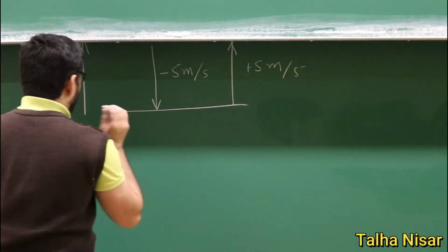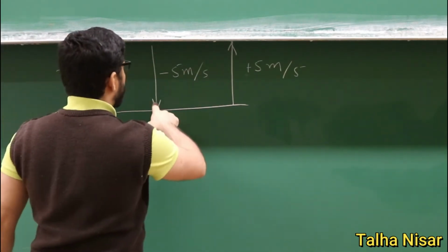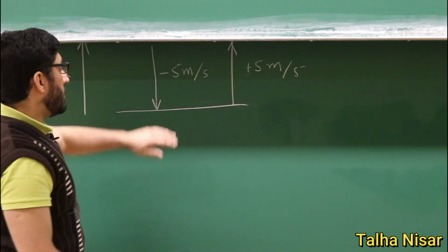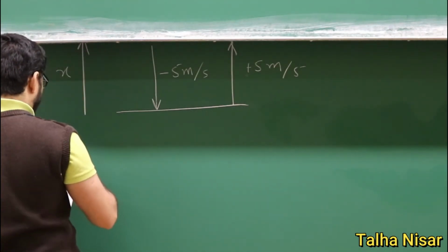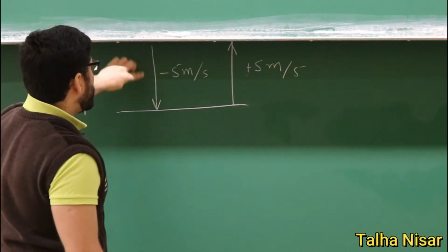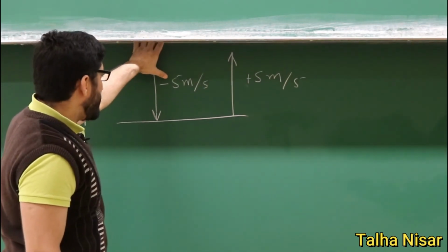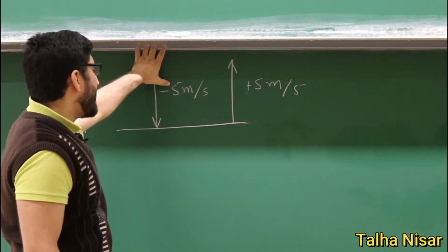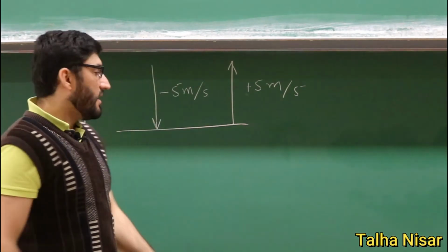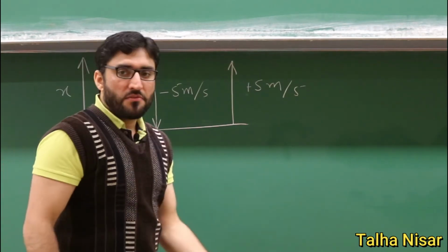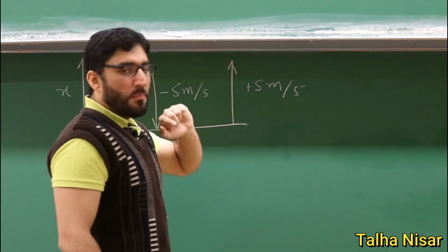And now we want to know what is the acceleration in this case. We can clearly see that the velocity was minus 5 meters per second, which means it was going in the downward direction, and after some time it's going in the upward direction.